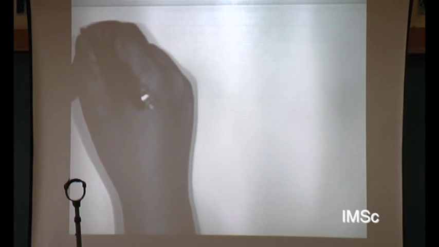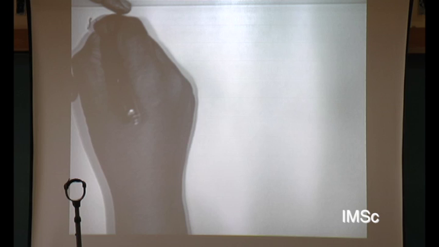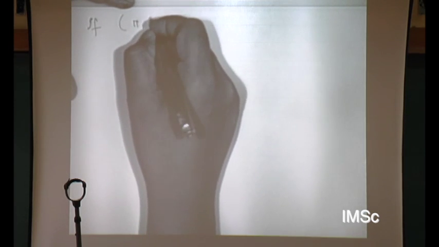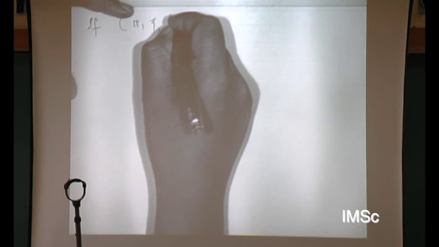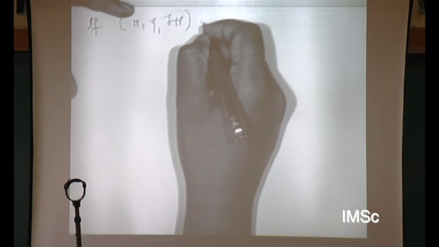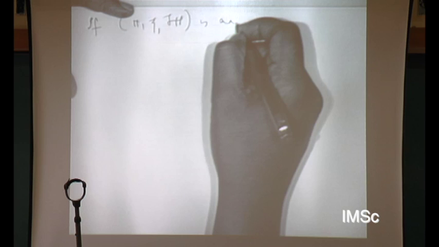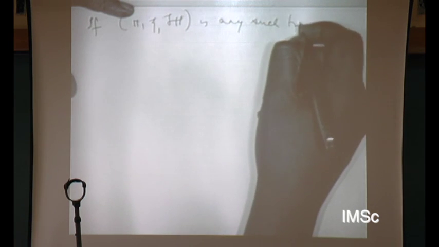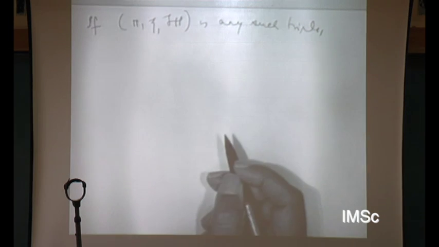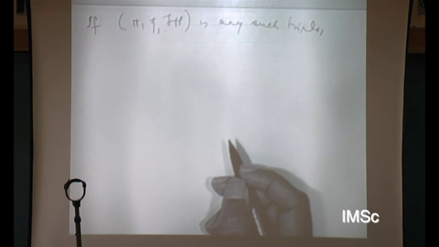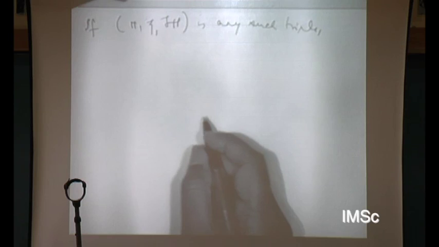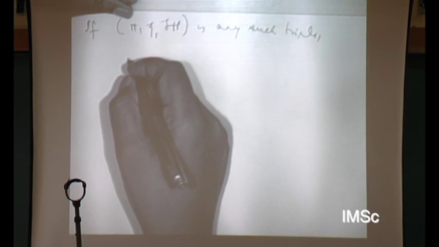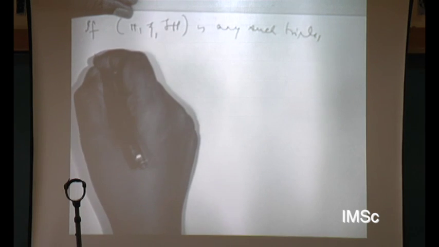Indeed, if pi, c, H is any such triple, then I want to say that there exists a unitary.